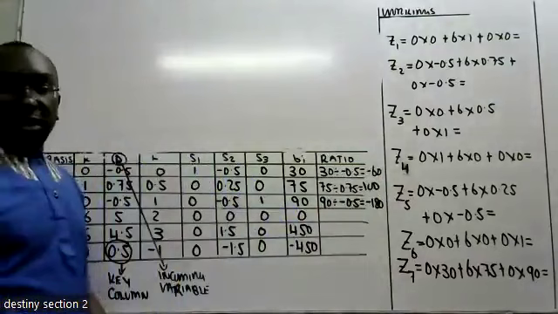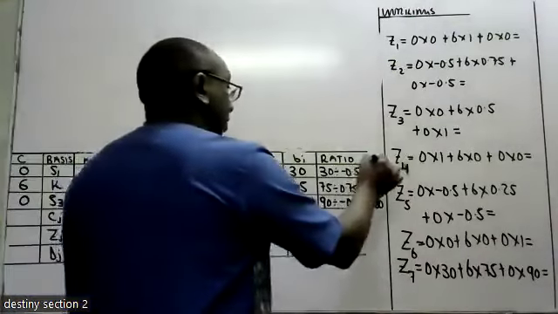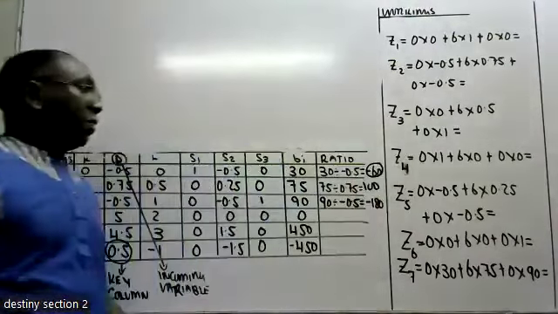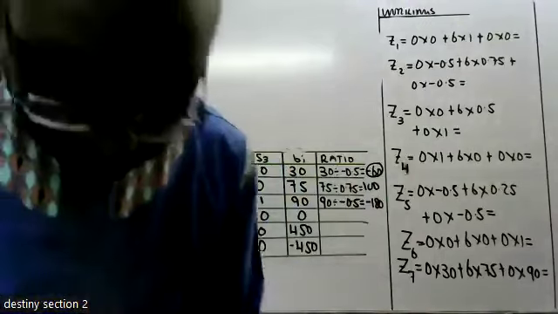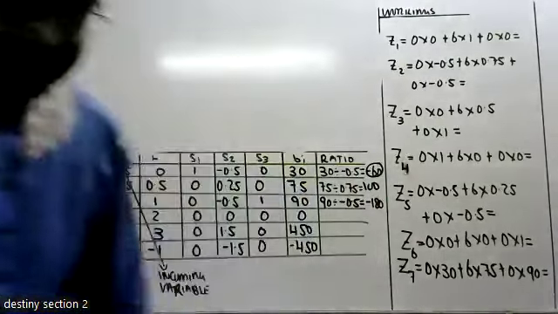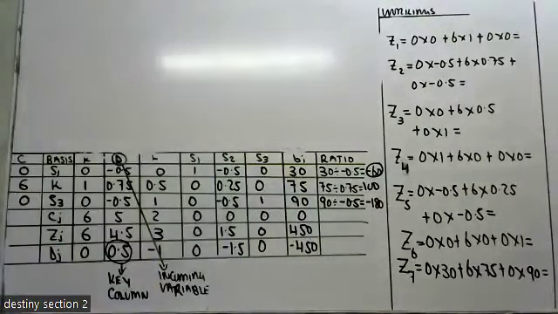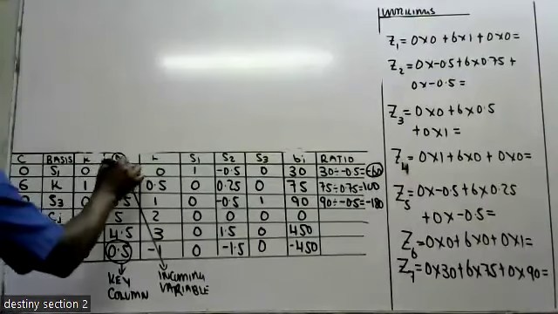So if you ignore the negative signs, the smallest positive absolute is that. So this value here becomes the balancing figure.